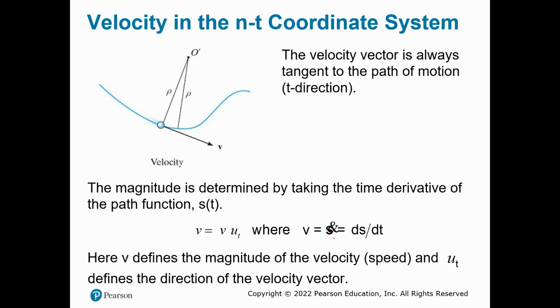Over here, I know it looks a little funny. What it's trying to say is v equals the derivative of the position vector. And v is defined as the magnitude of the velocity, or the speed, and ut defines the direction of the velocity vector.